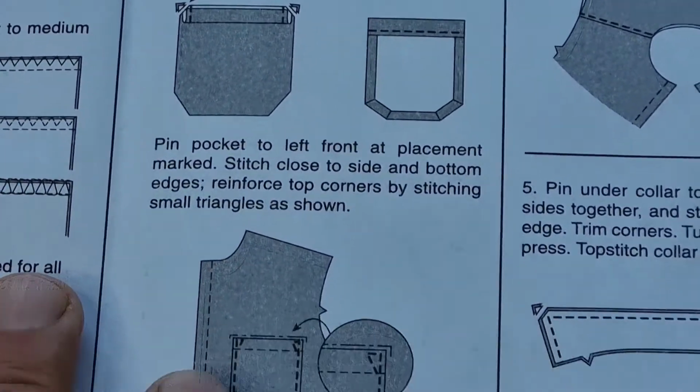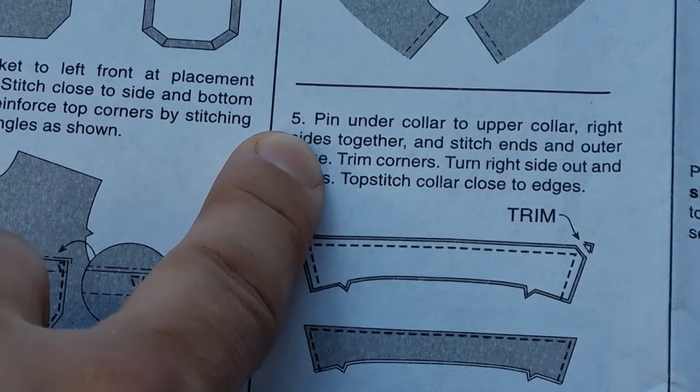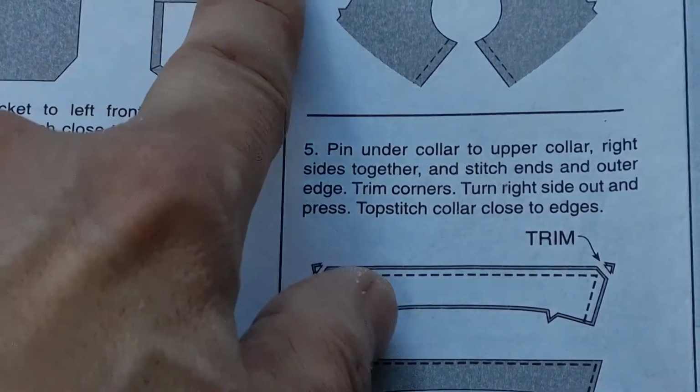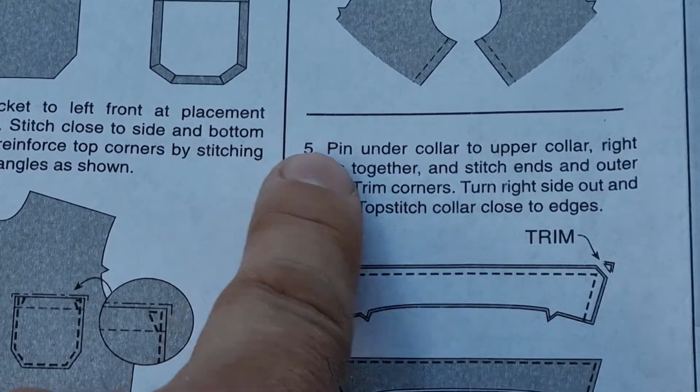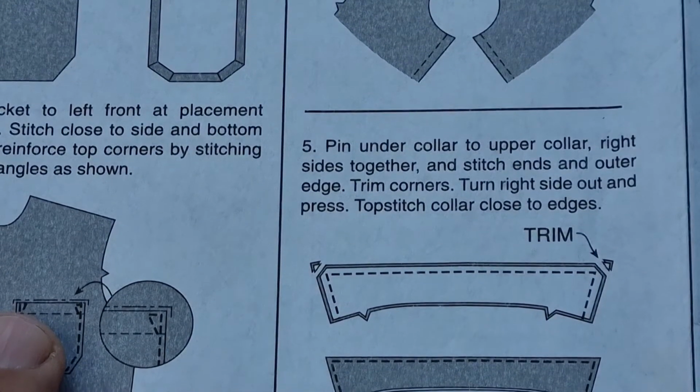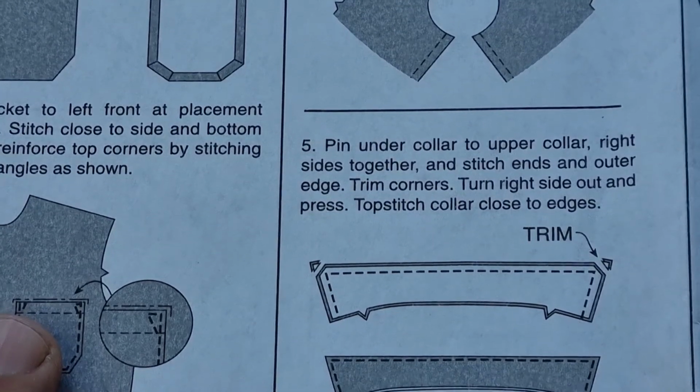So 5 is the collar. If I want to make both of them, I would then highlight the various steps in different colours. So if I'm making view A it might be in green, view B might be in yellow, so I know which steps I've gone through.